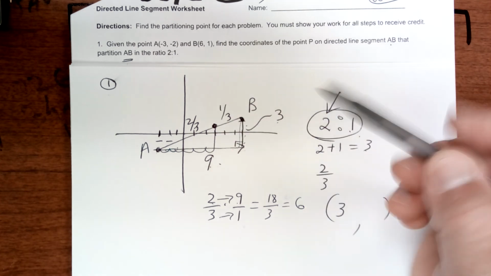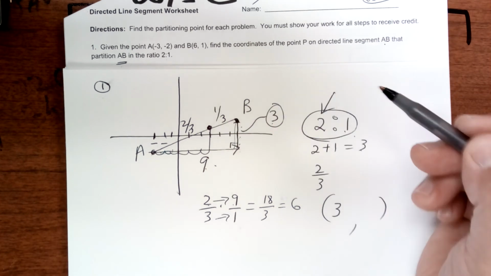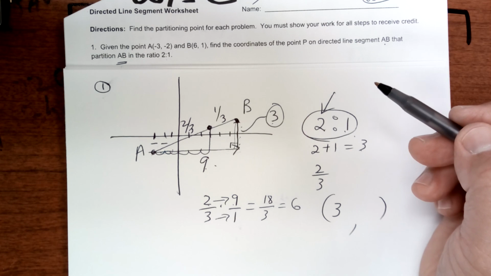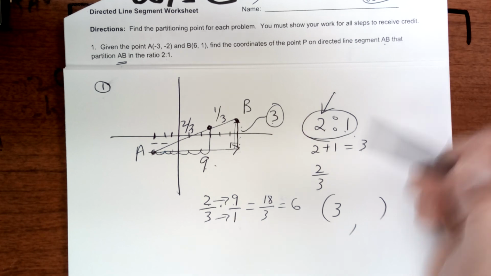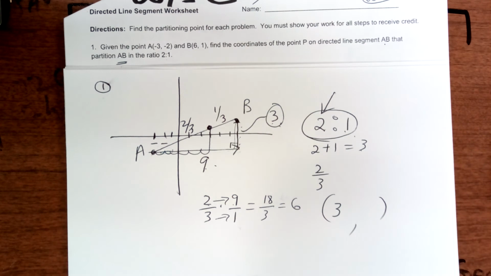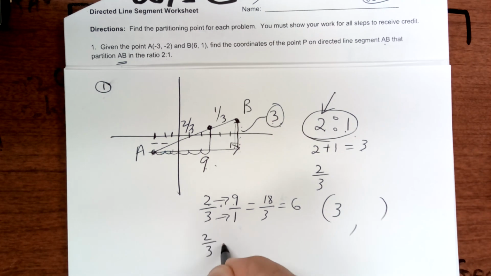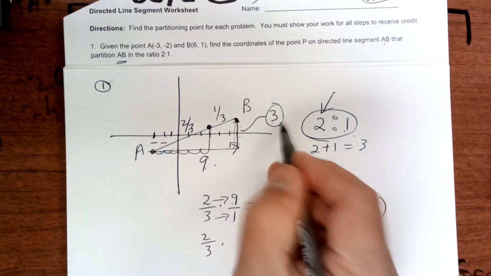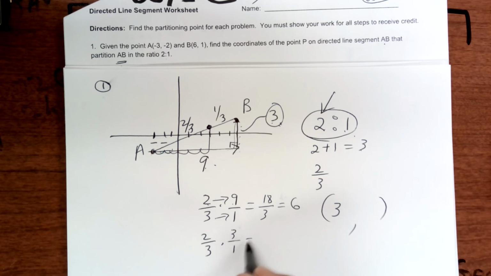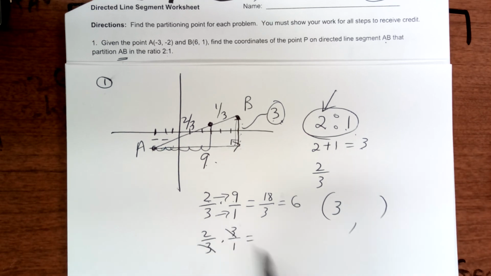So what you're going to do is take 2/3. Let me think about this. Okay, yeah, 2/3 times the vertical one. So let's try that. So 2/3 times the vertical one, which is 3 over 1. And when you do that, the 3's cancel, and you end up with 2 over 1, which is 2. So you want to go up 2.